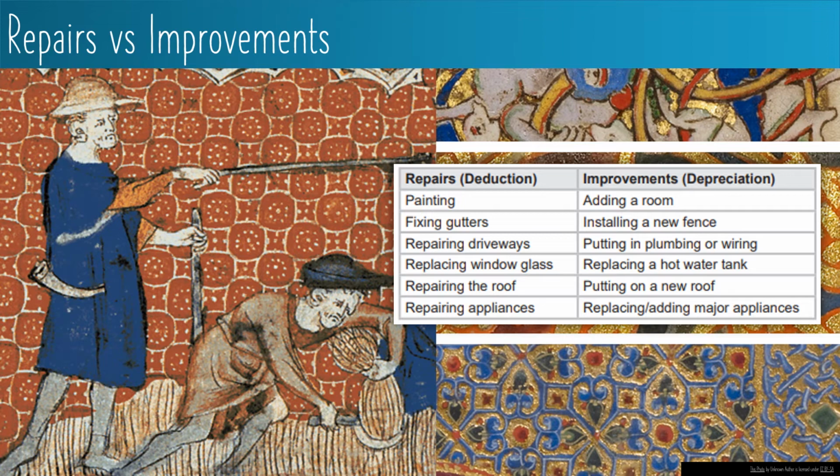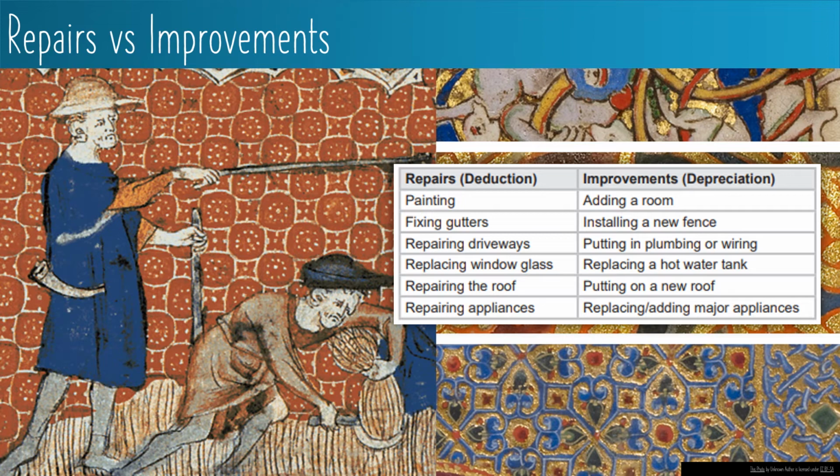Those are all things that are considered expenses. You would expect to have them, these things ordinarily wearing down and needing just some regular upkeep, or they affect a small portion of the overall asset. Like for instance, with window glass, it's a small portion of that overall house.